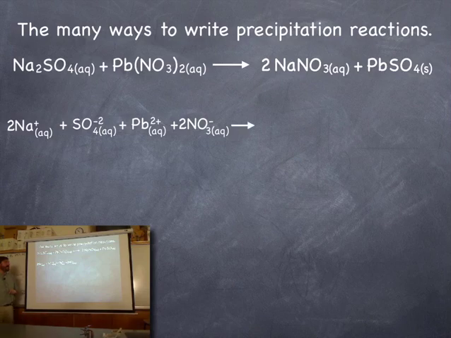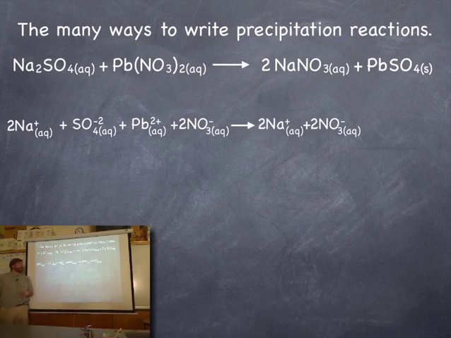What about on my products? What's stuck together and what's separate ions? So this sodium nitrate should be written together or apart? Apart. It's aqueous; an ionic aqueous compound should be written as separate sodium ions, separate nitrate ions. What about the lead sulfate? It's a solid.